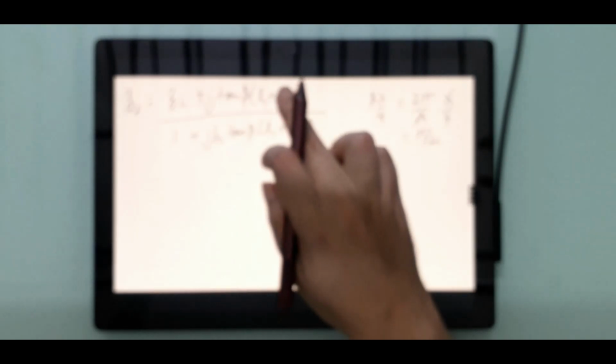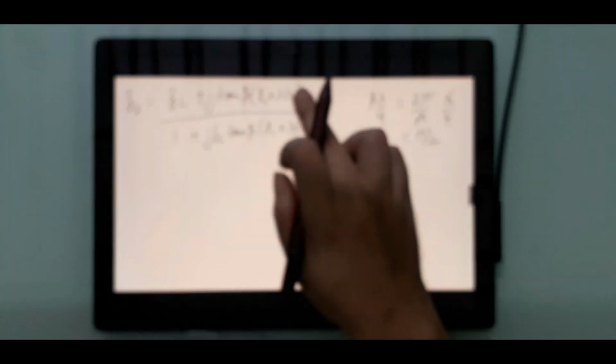So what is beta lambda by 4? Beta, as you know, is 2 pi by lambda. This is lambda by 4, so this is pi by 2. All you need to know is your trigonometric identity: tan of pi by 2 plus theta, which is nothing but minus cot theta. So this is what it becomes.